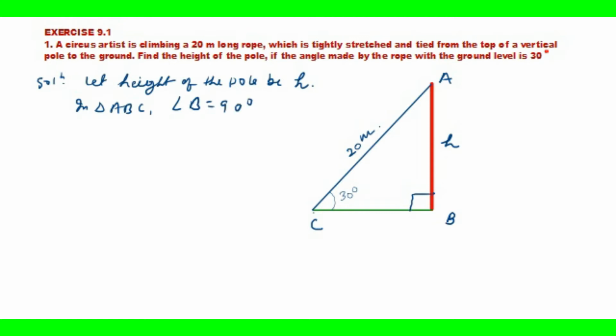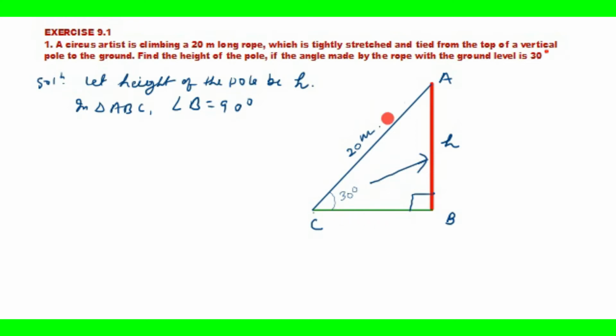Now you have to observe the figure and understand that for this angle 30 degree, the side opposite is the perpendicular AB, the base is BC, and the hypotenuse is AC. Since this angle is 30 degree, the opposite side is perpendicular, the adjacent side is base.